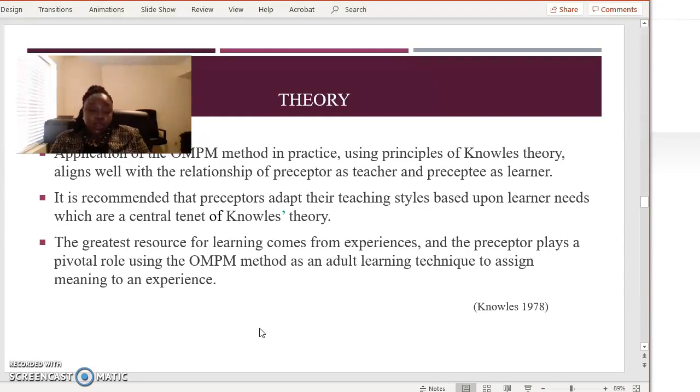So, based on what the student's needs are, the preceptor is able to adapt to answer the needs and be available to help the students to achieve whatever areas that they need help with. The greatest resources for learning come from experiences, and the preceptor plays a pivotal role using the 1-minute preceptor method as an adult learning technique to assign meaning to the clinical experience.